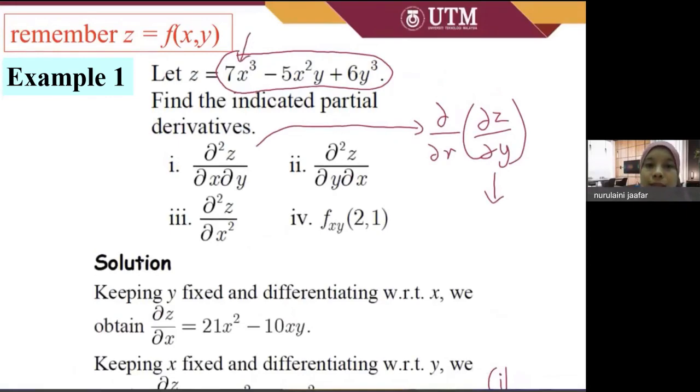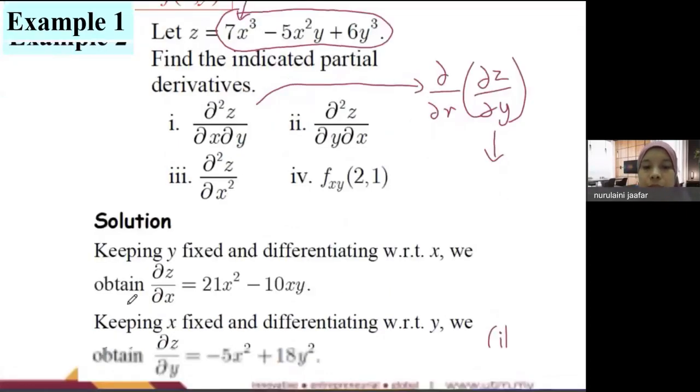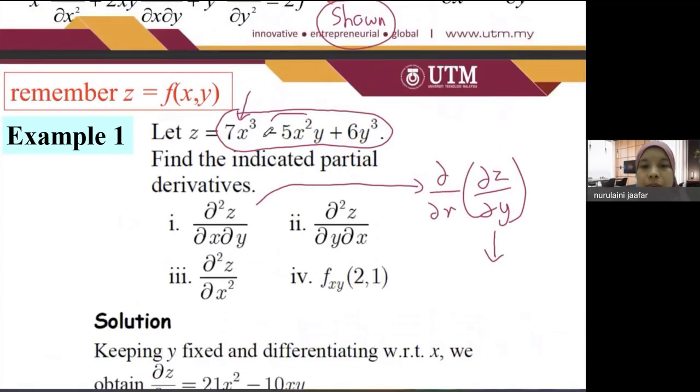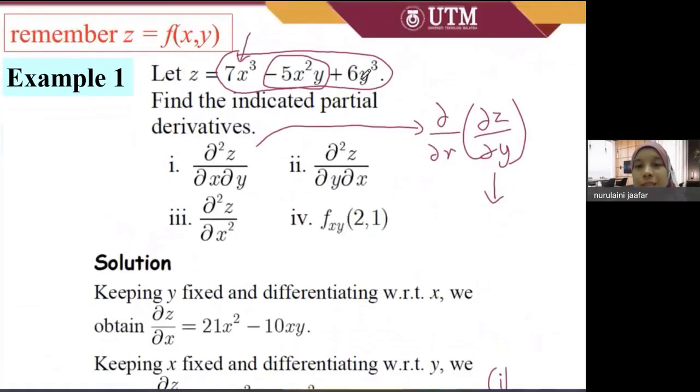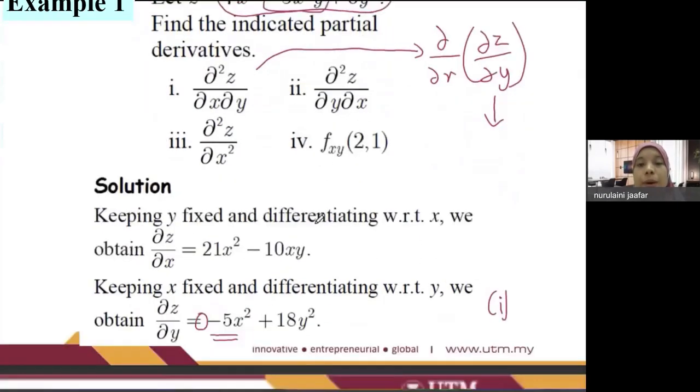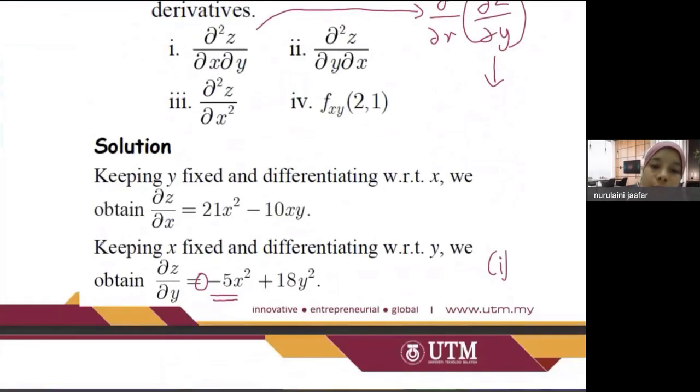The first term, we get 0. Then minus 5x squared y, differentiate with respect to y, we get minus 5x squared. Then we have 6y to the power of 3, differentiate with respect to y, we get 18y squared.